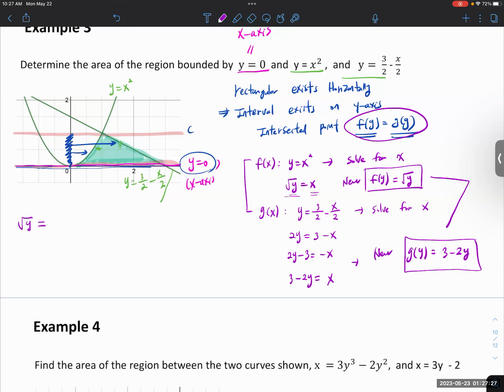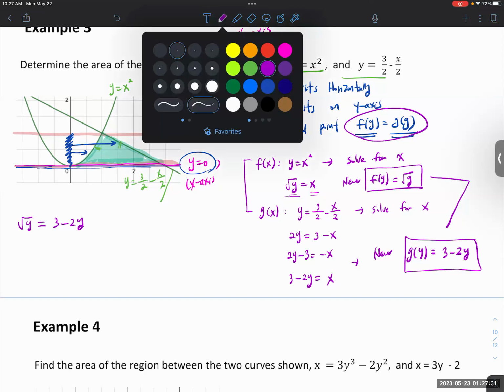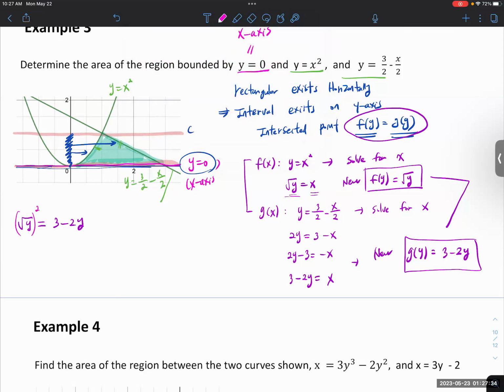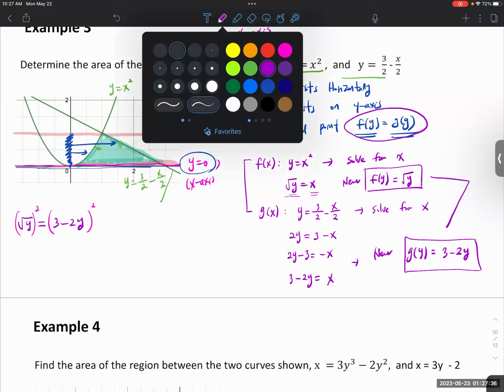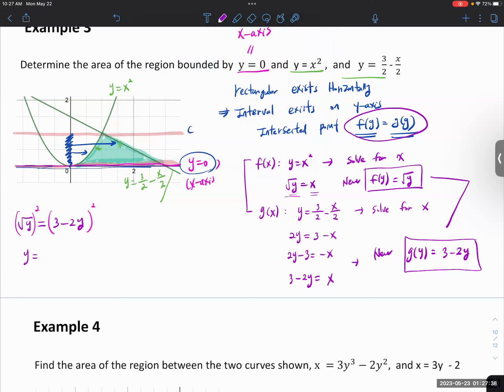So if I solve it there, radical y equals 3 minus 2y. I'm going to square both sides to get rid of the radical. So y equals, expanding it, 9 minus 12y plus 4y squared. That means 4y squared minus 13y plus 9 equals 0.